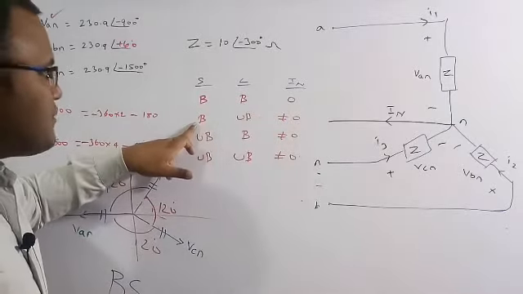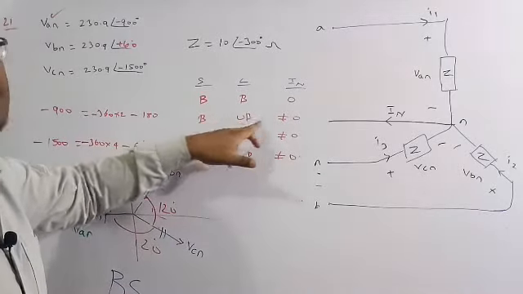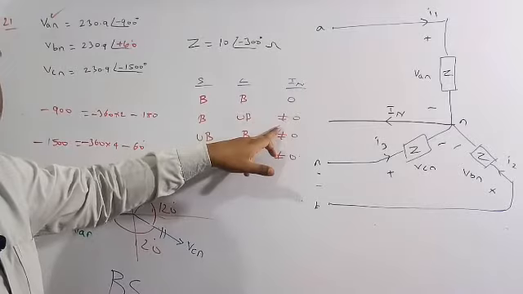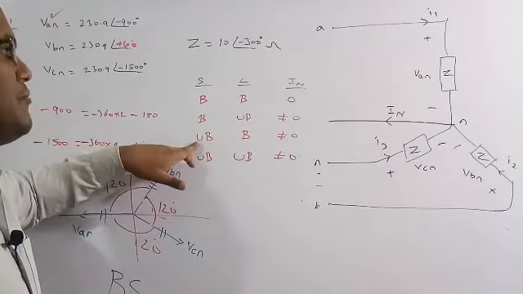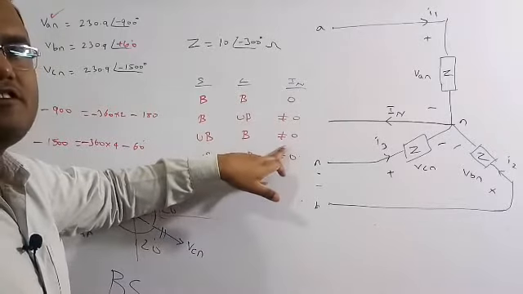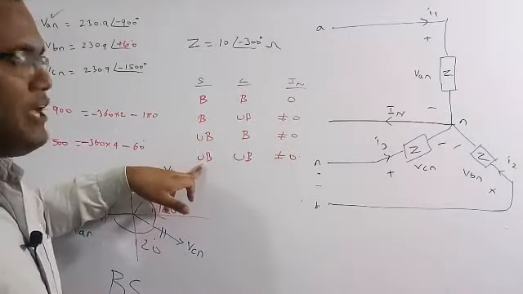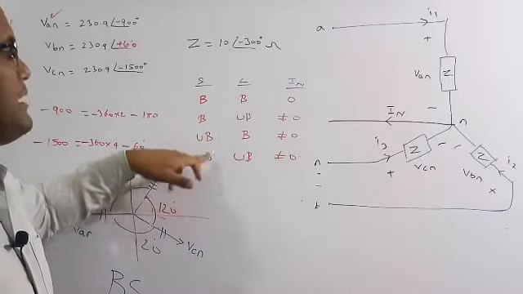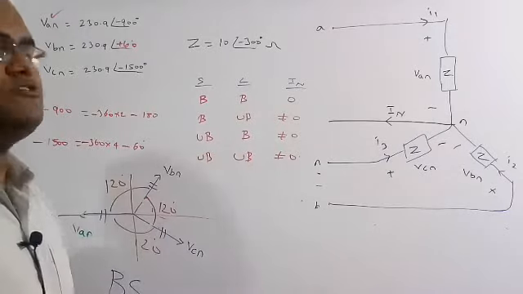If you give balanced supply to an unbalanced load, the neutral current is not equal to 0. It is non-zero. Whenever you give unbalanced supply to a balanced load, the neutral current is not equal to 0. And similarly, if unbalanced supply is given to unbalanced load, it is not equal to 0.